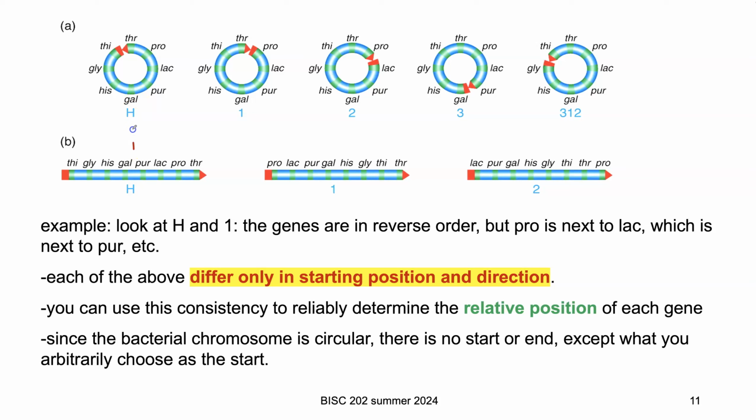And so this shows you the circular sketch of the chromosome for the H strain, strain 1, strain 2, and so on. And the 3 and 312 are on the other one, okay?